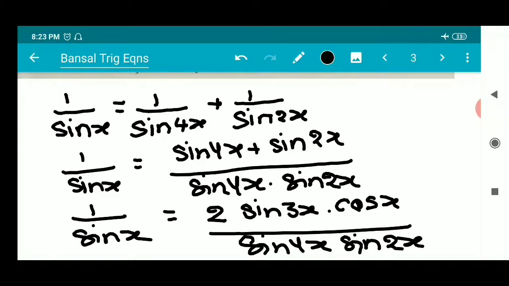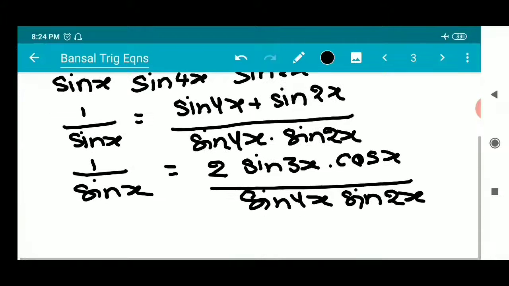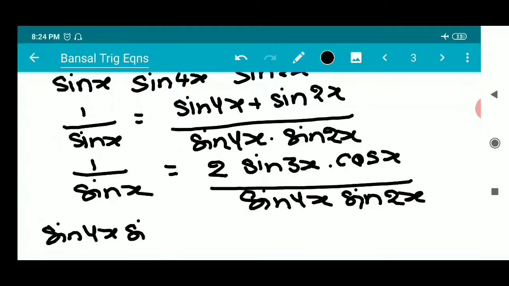So now I am taking cross multiplication, so that is sin 4x sin 2x equals 2 cos x already there, so we are multiplying with sin x, which is nothing but sin 2x.